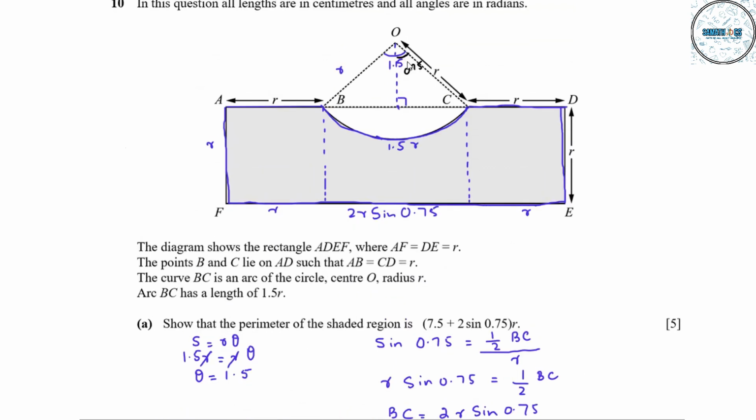Area of triangle, we can use the formula 1 upon 2 AB sine C. So here we have AB as R, so we can take r square sine C, which is 1.5.